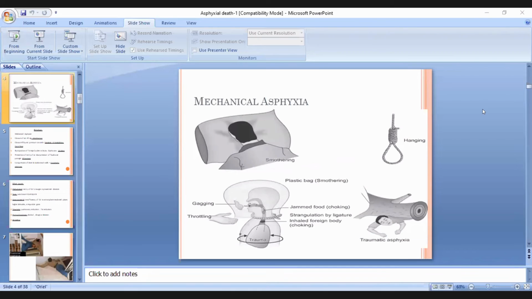In that we have different causes or mechanism of death. So these are the different mechanisms that, again, very important. Delayed death can happen, even if a person survives some period of time, may die due to these various causes.